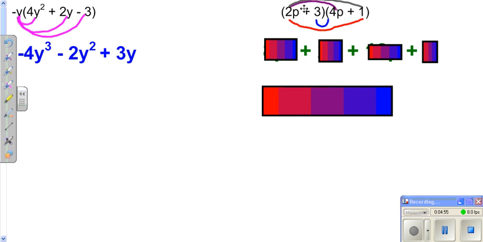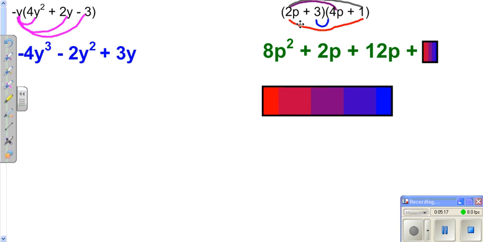Over here, when you have a binomial, two terms, times a binomial, two terms, all you have to do is FOIL. You're going to multiply the first two terms together. Your 2p times your 4p gives you an 8p squared. Your outer terms, 2p times the 1. Your inner terms, 3 times 4p.